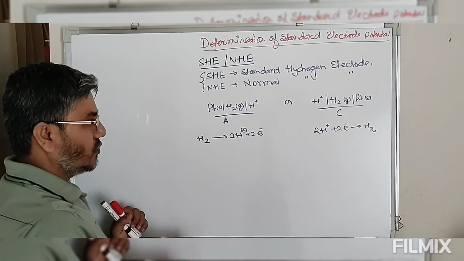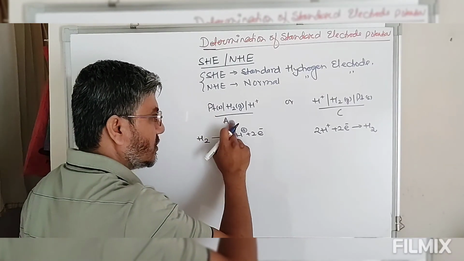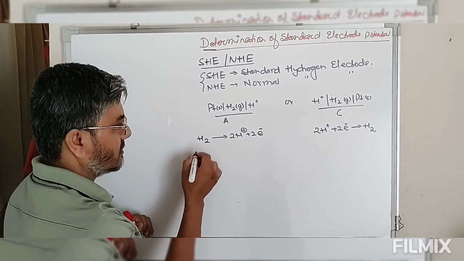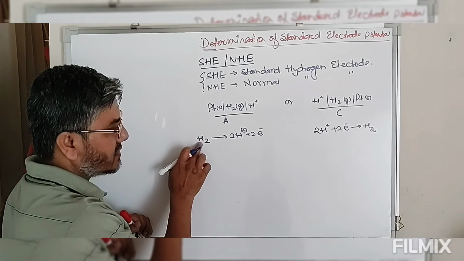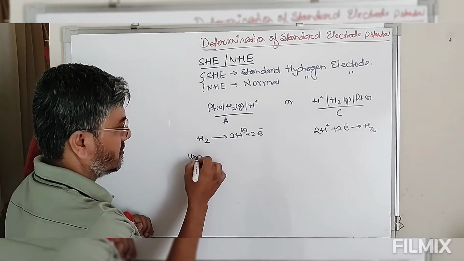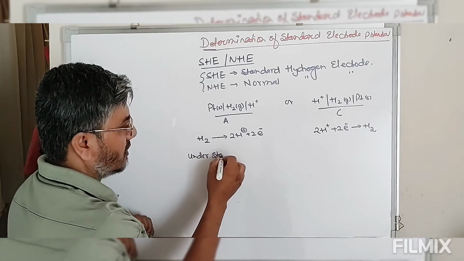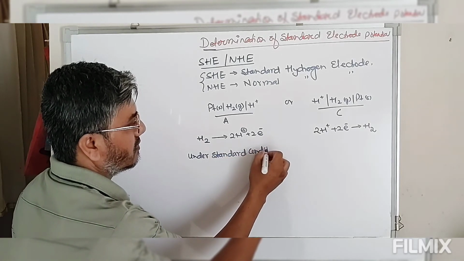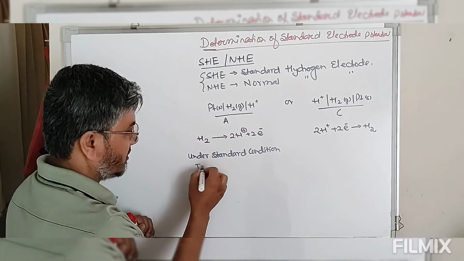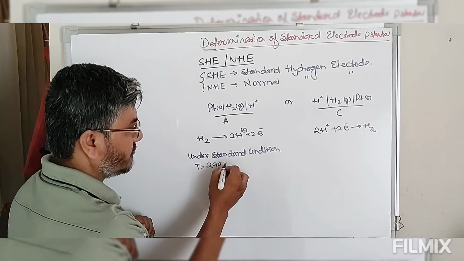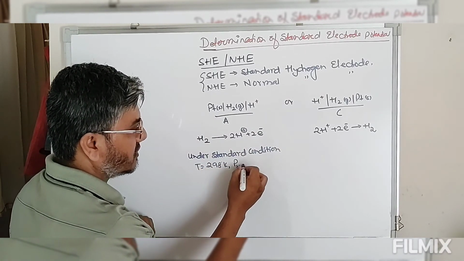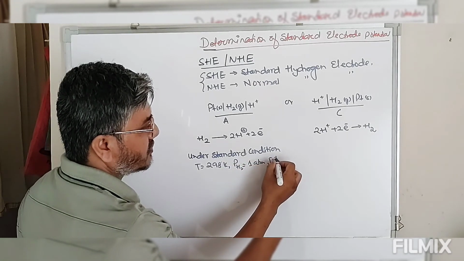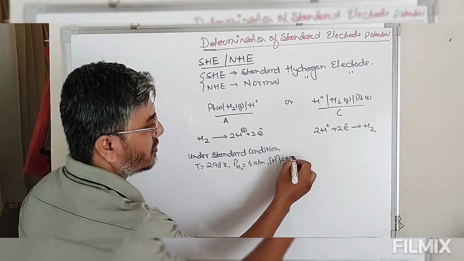Now whether this acts as an anode or cathode, standard means under standard conditions, that is, temperature is 298 Kelvin, pressure of hydrogen gas is taken as 1 atm, and concentration of H plus ion is taken as 1 molar.